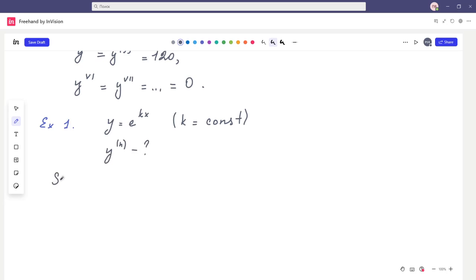Solution. The first derivative is k times e to the power of kx. The second derivative is k squared times e to the power of kx, etc. The nth derivative is k to the power of n times e to the power of kx.